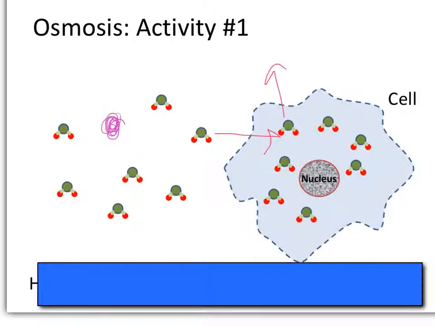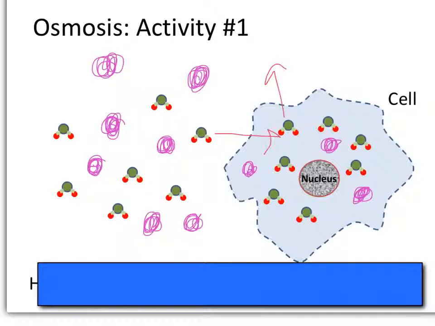So here's some solute, some solute, some solute, some stuff dissolved in that water outside the cell. And there's going to be some stuff inside the cell too. You should be drawing this just like I am. But notice we have a lot more solute outside the cell.